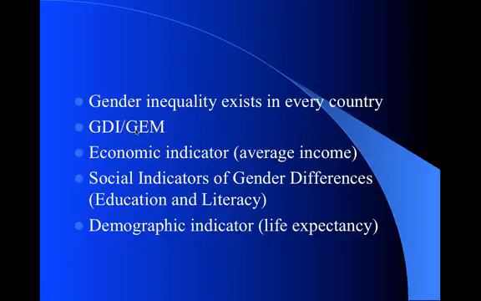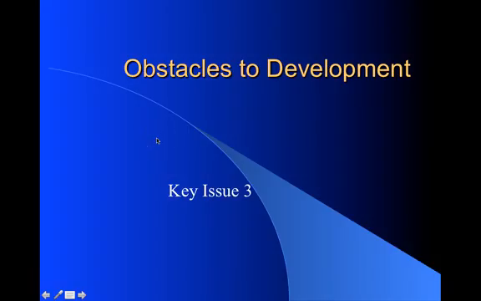For example, how many women do you have in political leadership positions? How many women do you have in managerial positions in business? How many executives do you have that are women? This gender empowerment measure is very, very low in many, many countries because women are not considered equal to men in most countries. So you see that happen, but you have the Gender Development Index and the Gender Empowerment Measure.